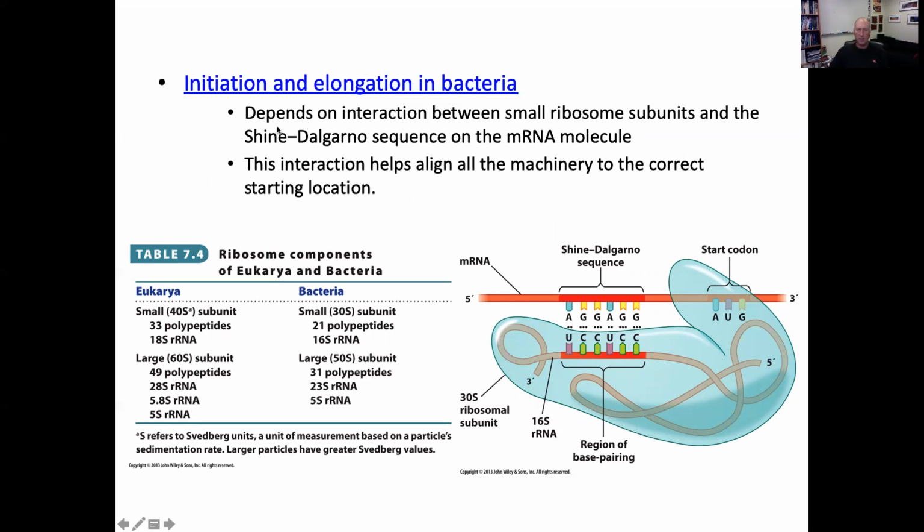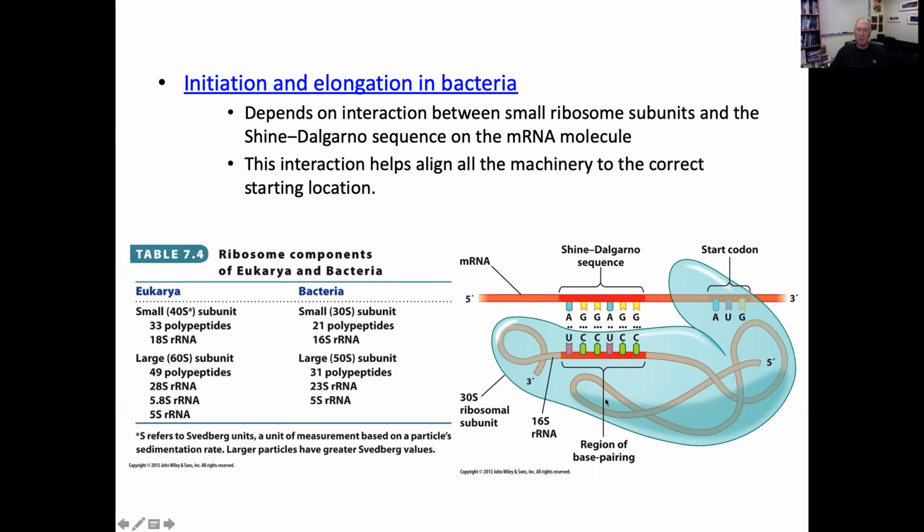So translation is going to depend on the interaction between the ribosome subunits, in particular the 16S ribosomal RNA, and a sequence on the messenger RNA called the Shine-Dalgarno sequence. This is basically upstream of the start codon in a bacterial messenger RNA, right?